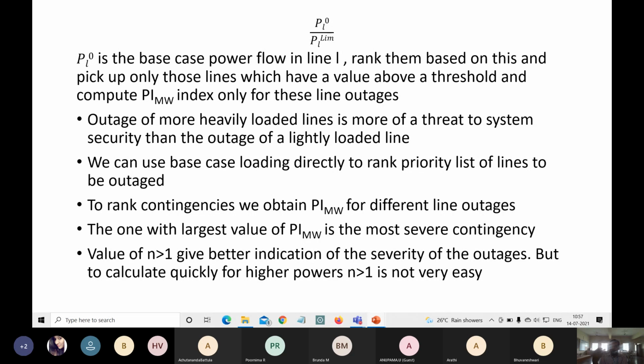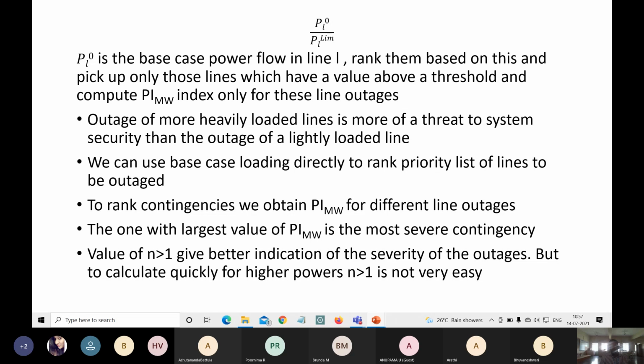Heavily loaded lines are a bigger threat to our system, while lightly loaded lines give only a small threat to the system.